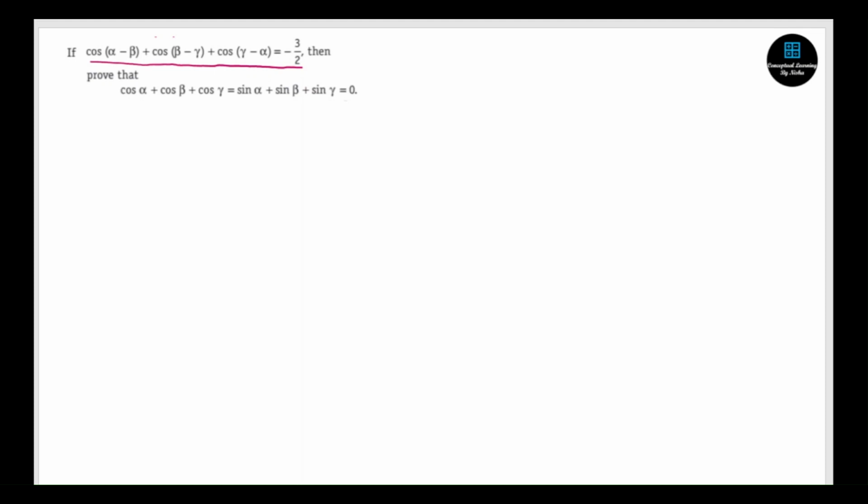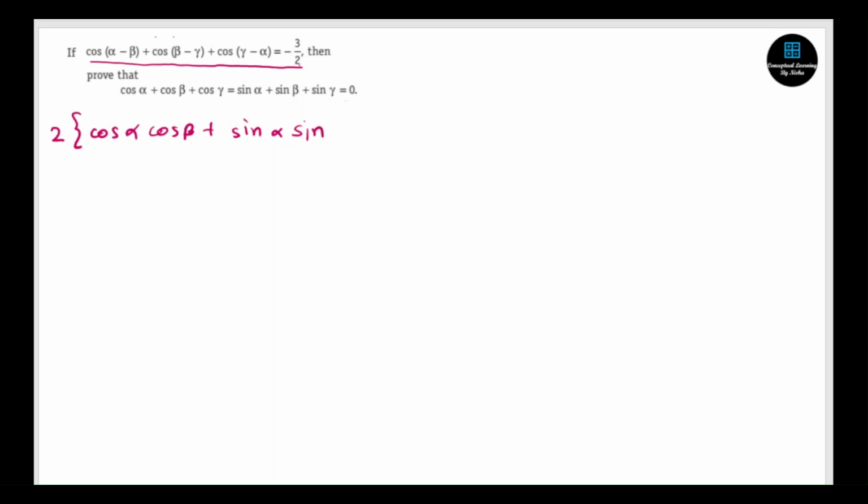See, what I'll do, I'll just take this 2 on the left hand side. So I'll multiply each of them by 2. And then I'll write this as cos alpha cos beta. Now this is minus sign here, so we have to write the plus sign and then sin alpha sin beta, right?